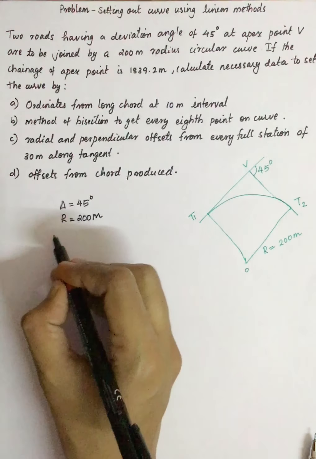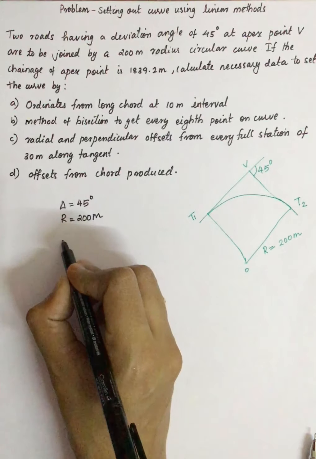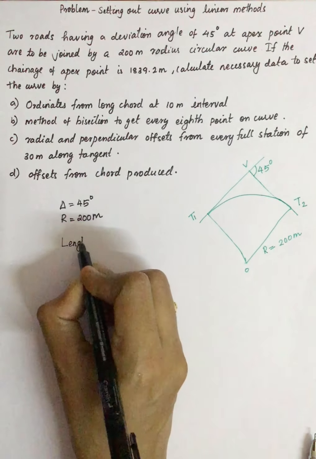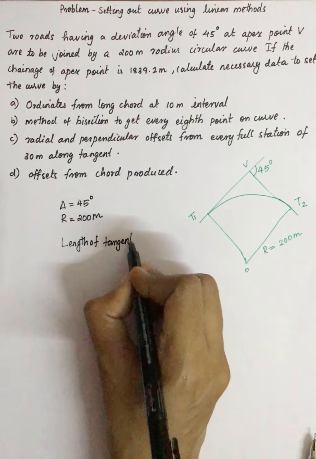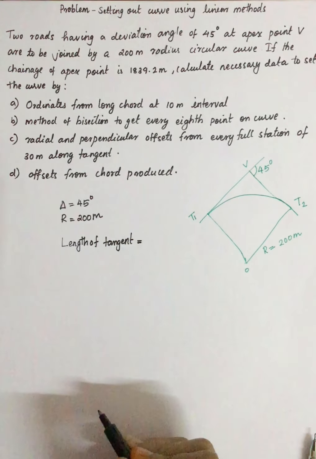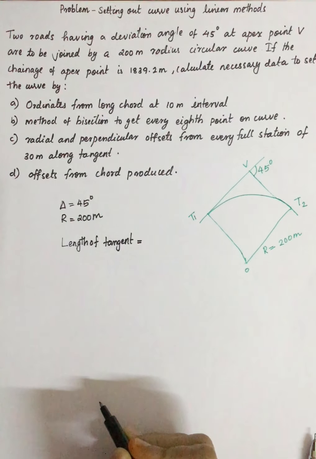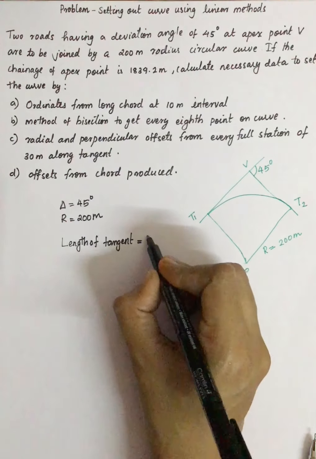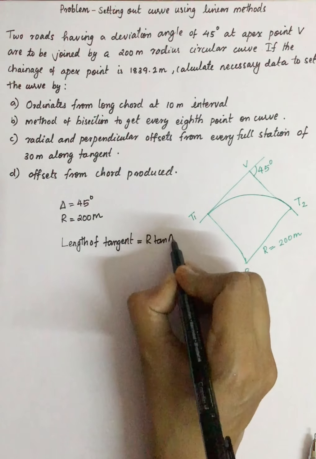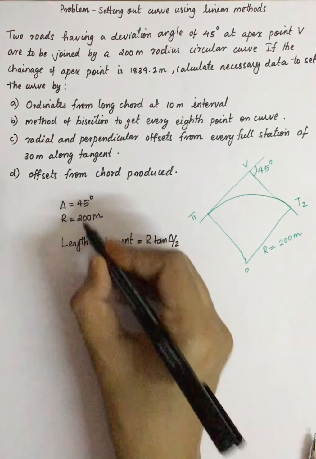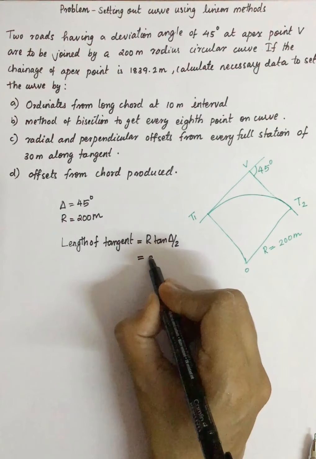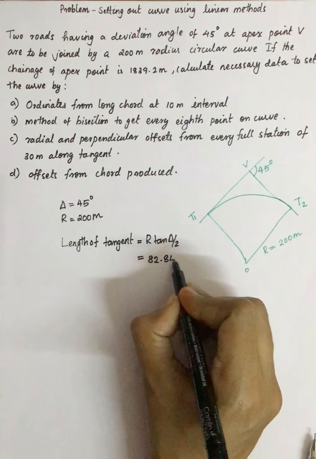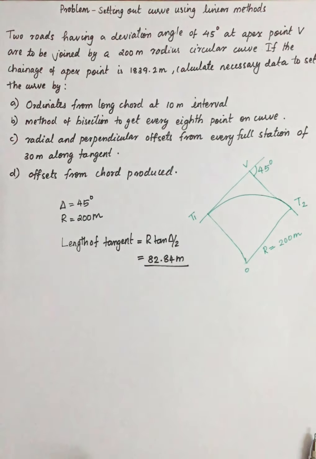So the first element that we need to calculate is length of tangent. Hope you remember the equation which we learned in the theory part, that is R tan delta by 2. So when you substitute the value of R and delta, the length of the tangent is 82.84 meters.